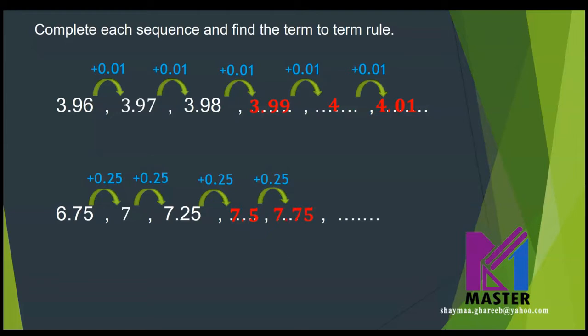So it will be 7 and 75 hundredths. What about the next one? When I add 25 hundredths more, it will be 7 and 100 hundredths, which means one whole, so the number will be number 8. Is this clear?